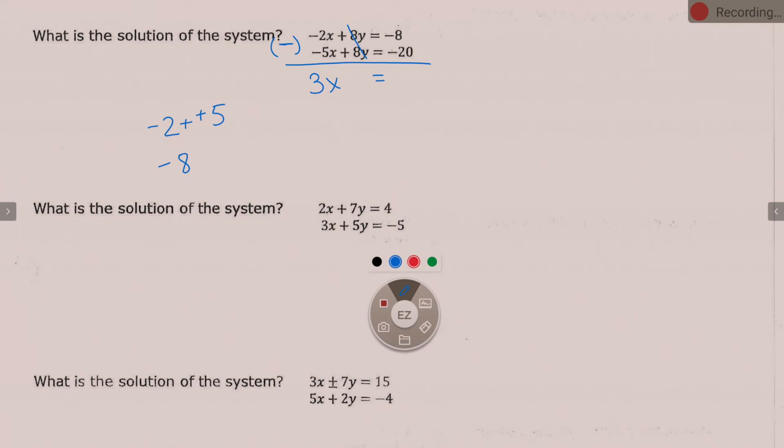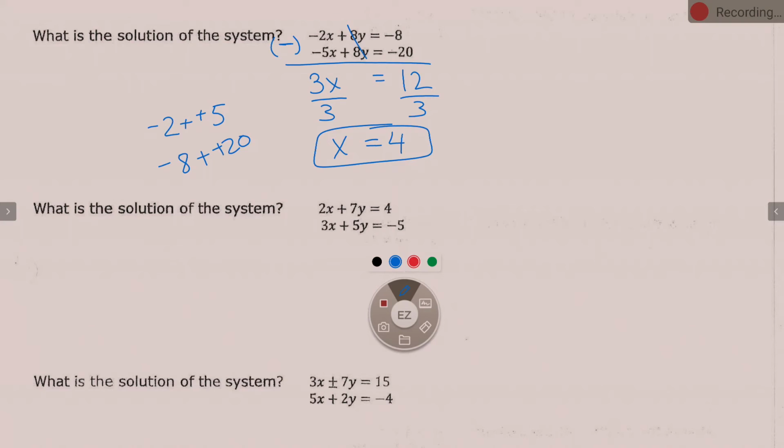Negative 8 minus negative 20 is 12. Keep, change, opposite. Okay, if 3x equals 12, we feel like we're on the right track because they're giving us a whole number. Divide by 3, and x is 4.